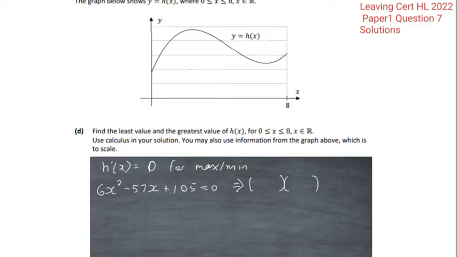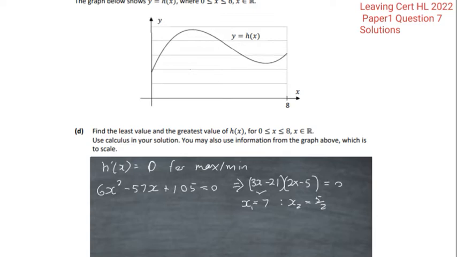We'll get two factors of 3x minus 21 by 2x minus 5, and they work out. So for the first factor, we will get a root value of x is equal to 7, 21 over 3, and for the second one, we'll get 5 over 2.